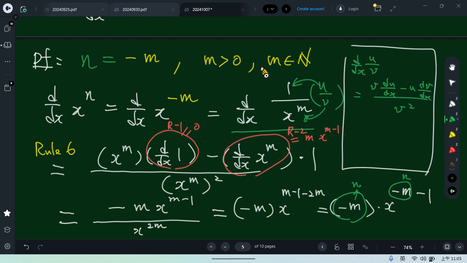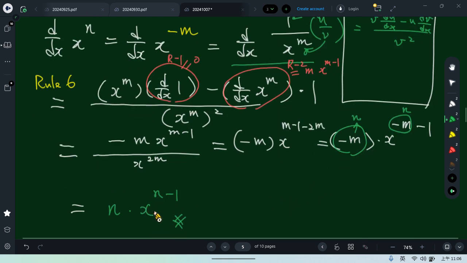But so far, at least we already extend the n here to be negative integer or positive integer. These cases are working for this rule, so that the result will be n times x to the power n minus 1. Okay?